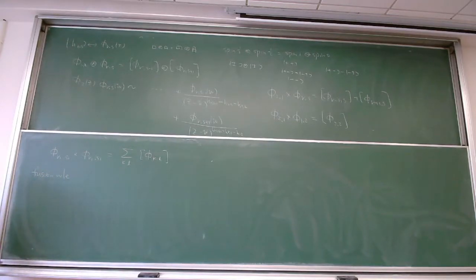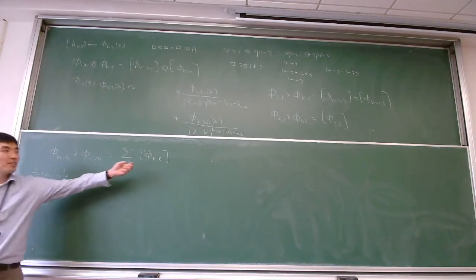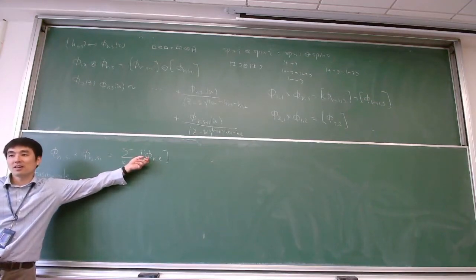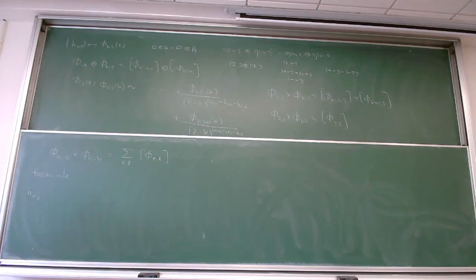Here the primary state has conformal dimension R and S. Closing the algebra means that if you multiply them together, you get another primary state and descendants. So they form a closed fusion rule. These primaries are very special.